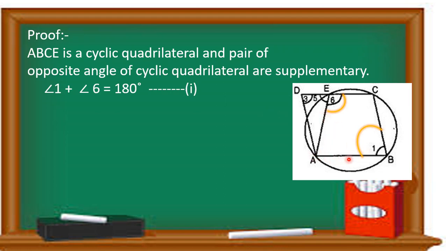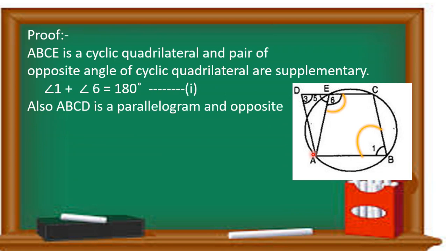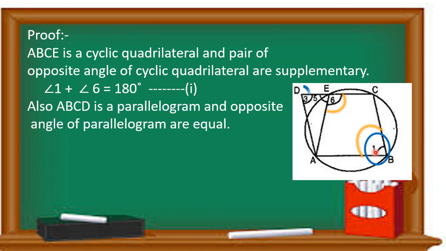Now, it is also given that ABCD is a parallelogram, and by the property of a parallelogram, opposite angles are equal. So B is an angle and D is an angle, both are opposite angles. So we can say angle 1 is equal to angle 3, or angle B is equal to angle D, as we marked these angles 1 and 3.